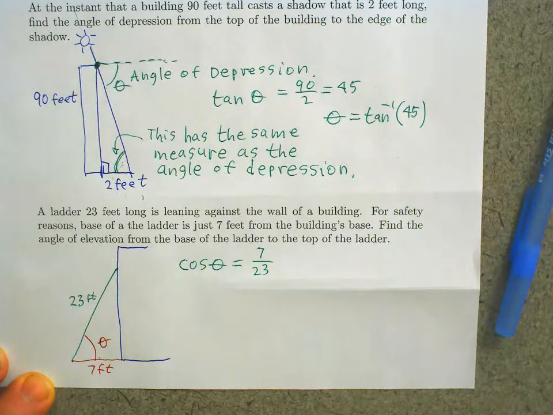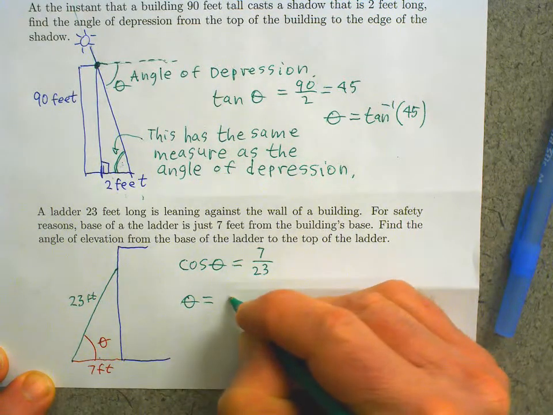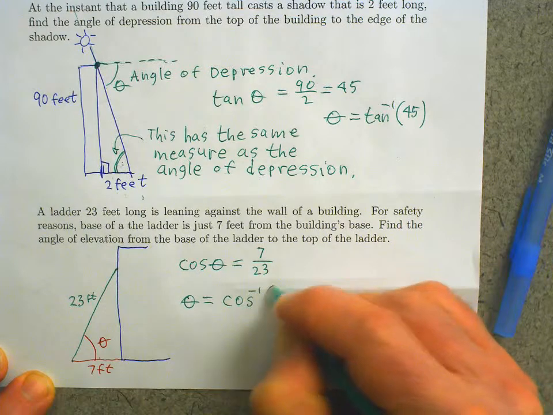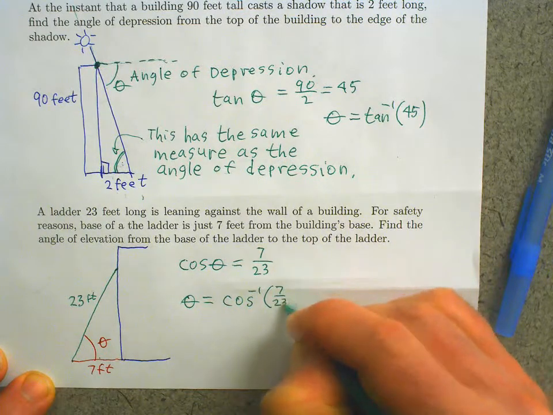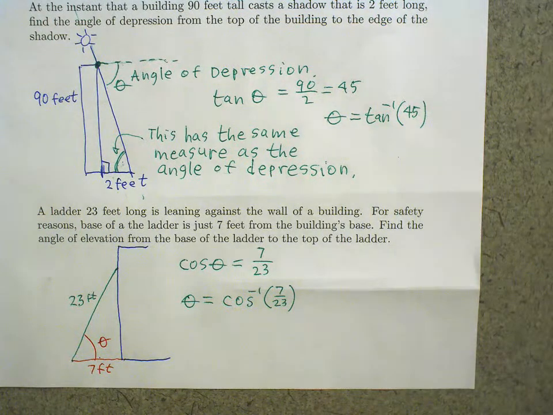So cosine of theta is 7/23, and theta is the inverse cosine of 7/23. Okay, we'll move on to the next page.